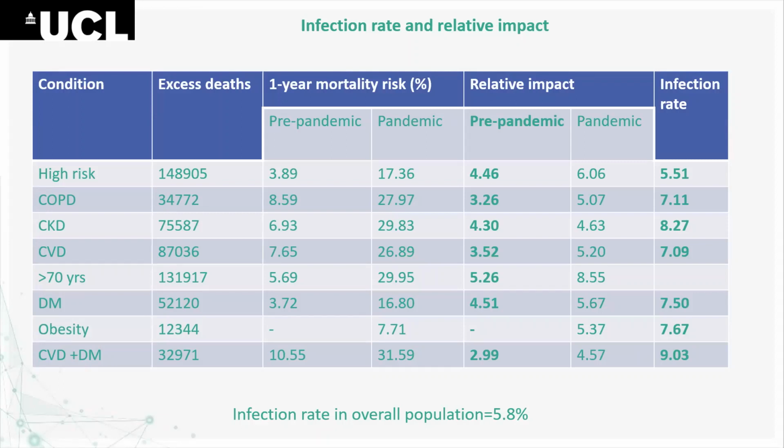And you'll see that there is some variation across the high-risk conditions between 5 and 9 in this case. We know that even from first wave data from ONS, the estimate of seroprevalence at that time was 10%. And there's various estimates in the last couple of months, which either because of vaccination or infection suggest more like 50–60% seroprevalence. But we would assume that this is an underestimate of infection rate for various reasons that, again, we can discuss.